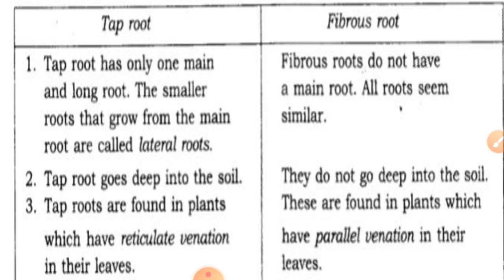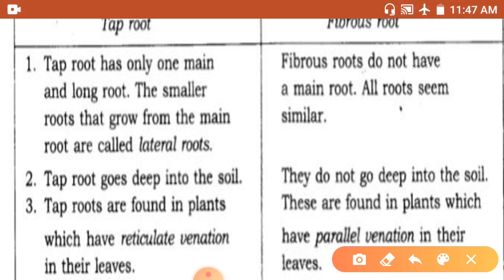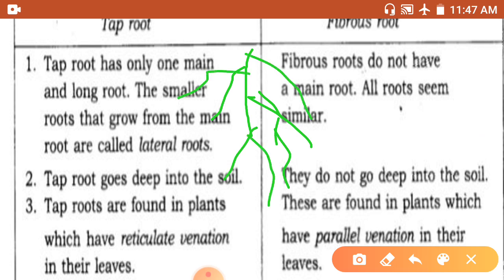Now what is the difference between the taproot and the fibrous root? The first one, the taproot, has only one long root, and the small roots that grow from the main root are called lateral roots. So these are the lateral roots and this is the main root.